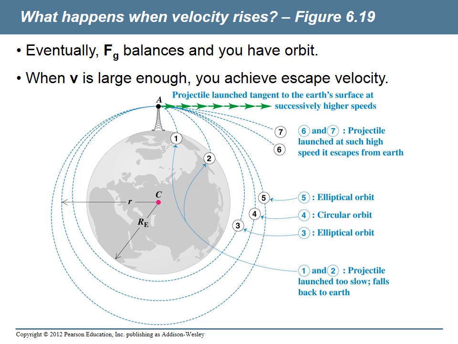Escape velocity is actually the minimum velocity in order to escape the pull of the Earth's gravitational pull, or to get it far enough away so that it really doesn't have much of an effect anymore.